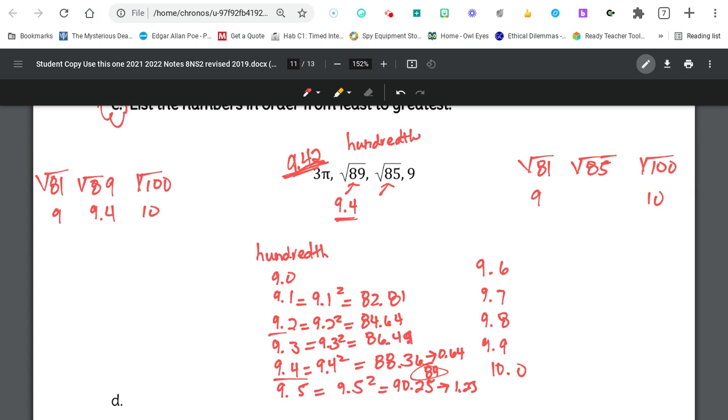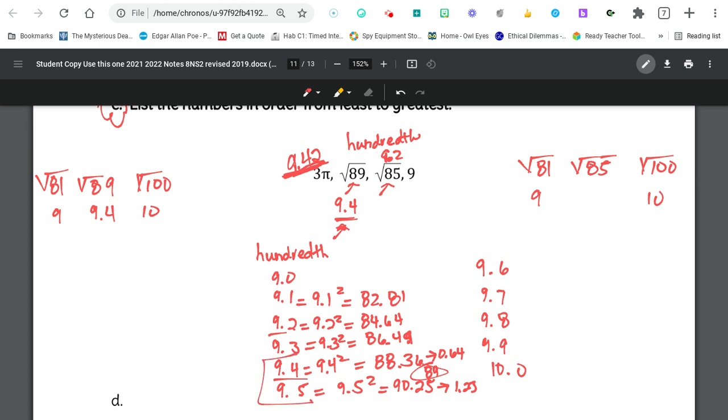Okay, so it's going to be closer to 9.2. I don't have to check this one. 9.2 is, I know, less than 9.42. But the square root of 89 is the one that's causing a concern.